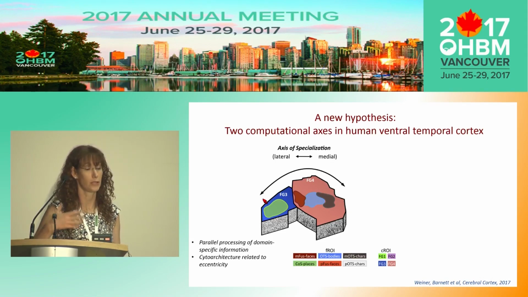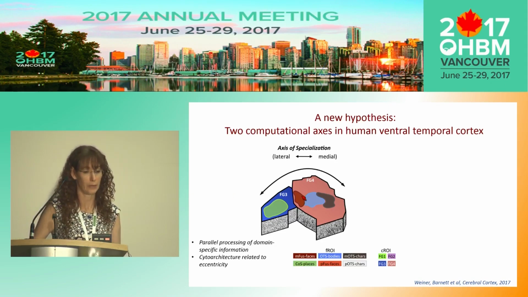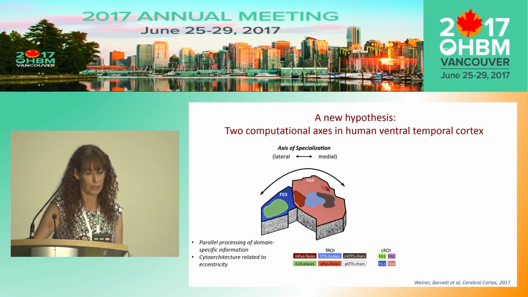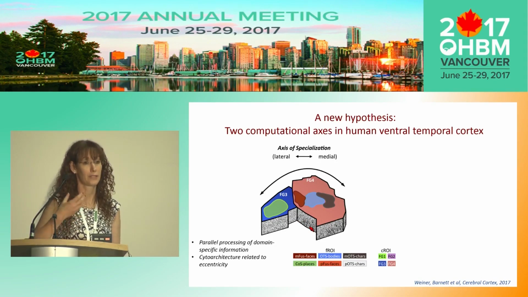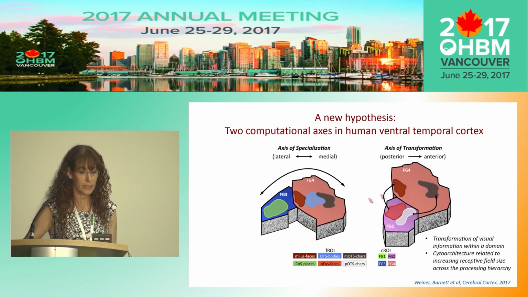Across the ventral stream, it's known that cells processing foveal information differ in their structure from those processing peripheral information, and we think that regions within the same cytoarchitectonic area might have similar foveal or peripheral biases. The second axis is the anterior-posterior axis, and we would like to call it the axis of transformation.